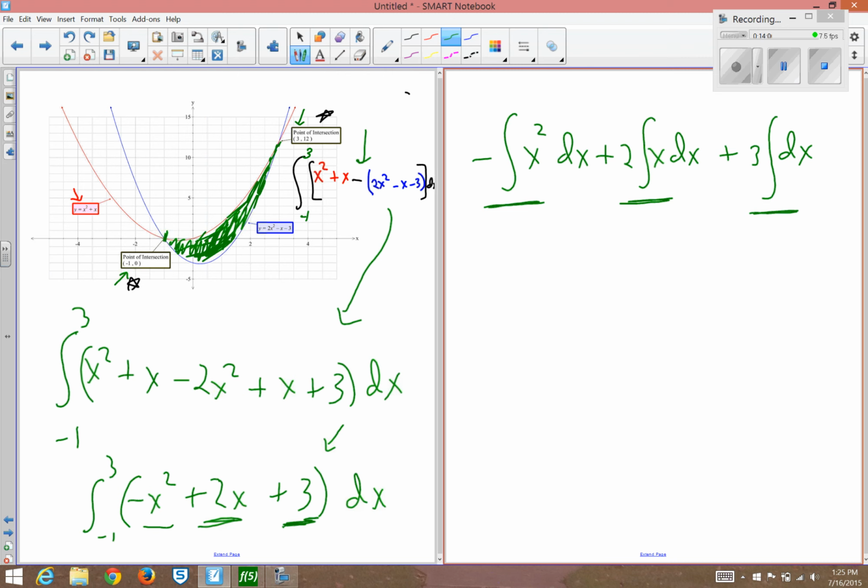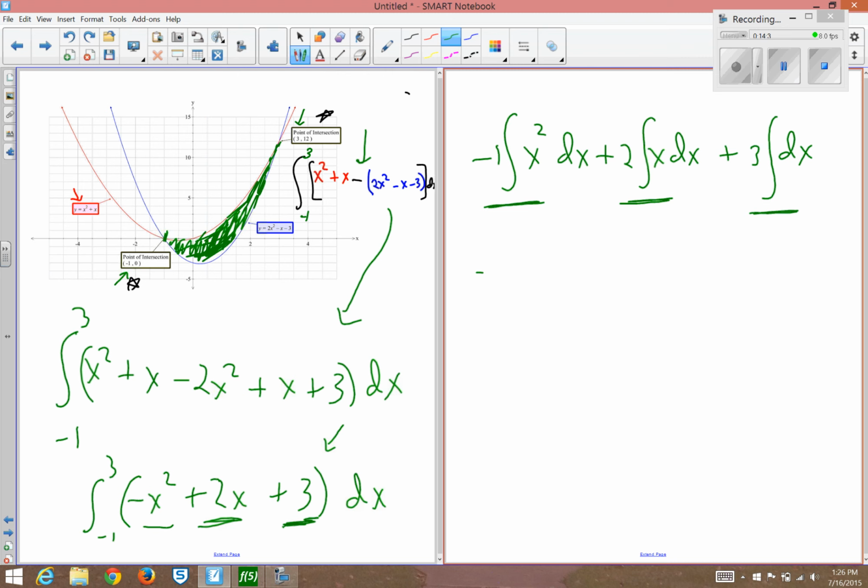Each of the terms gets its own dx. And any constant that's multiplied gets written to the left of the integral sign. In the first term, it's the -1 to the left of the integral sign. In the second term, it's the 2. And in the third term, it's the 3.